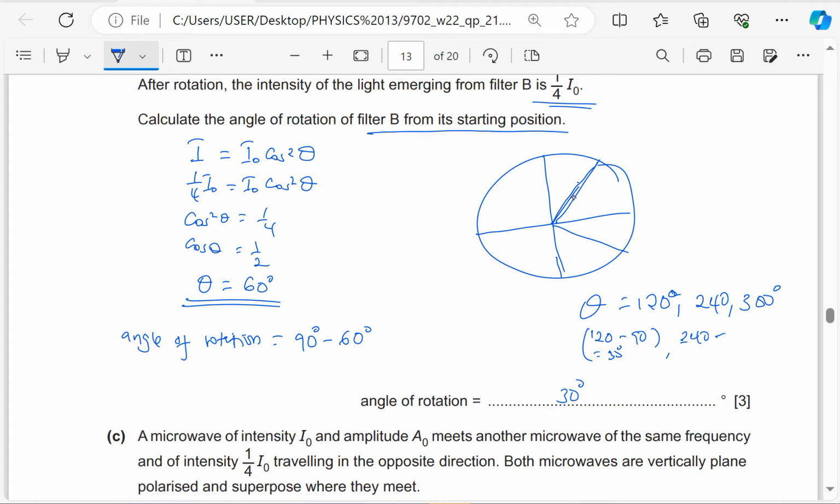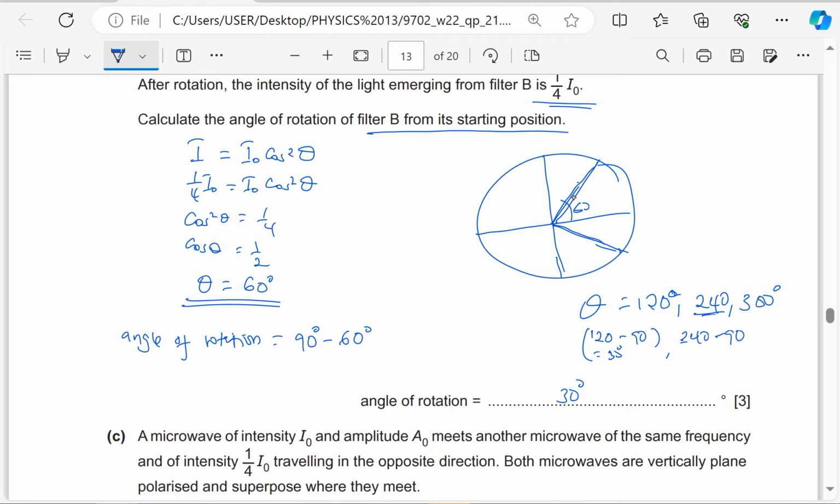So we said if the angle of rotation is 60 degrees, 60 is less than 90. So if the angle theta was 60 degrees, from its original position where the angle was 90, that was 90 minus 60, which gives us 30. If we rotate through up to 120, I'll say 120 minus 90, which is 30. If we rotate through 240, I would say 240 minus 90.